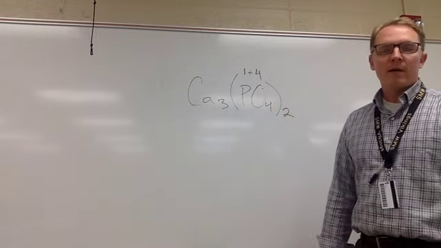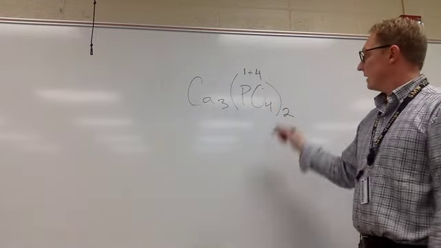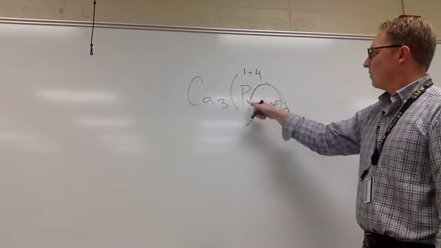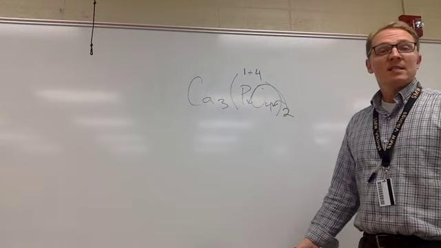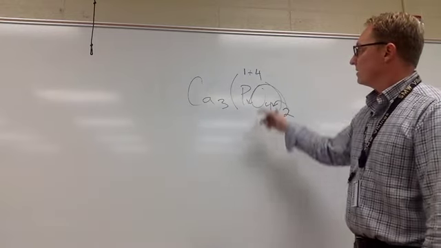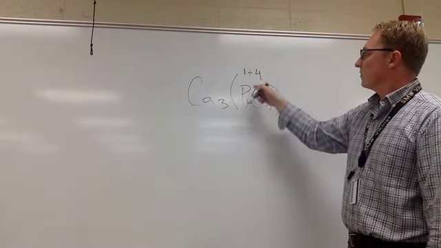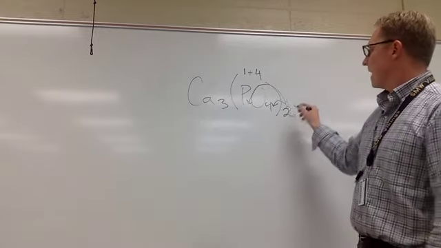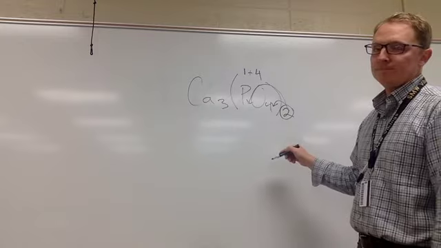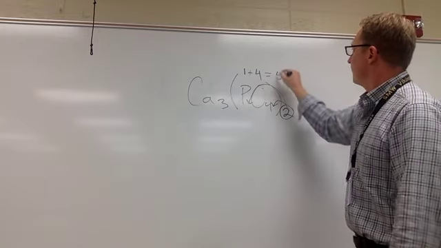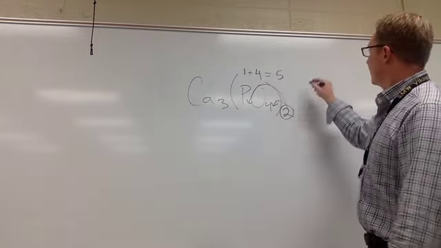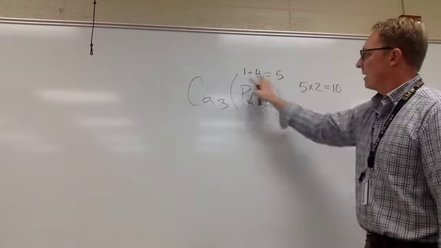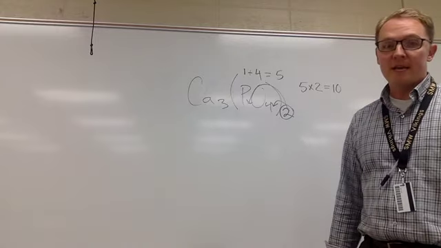So those of you that are inclined to use math a lot, use the distributive property here and apply the 2 to both the 1 and the 4. For some of us, an easier way to think about it is just, I had 1 phosphorus and 4 oxygen, 5 things inside the parentheses. Now I'm just going to multiply that by 2. So if I had a total of 5 things in the parentheses, I take 5 and multiply it by 2. That means that I've just doubled everything that I had here for a total of 10.